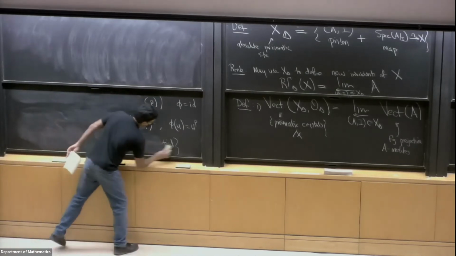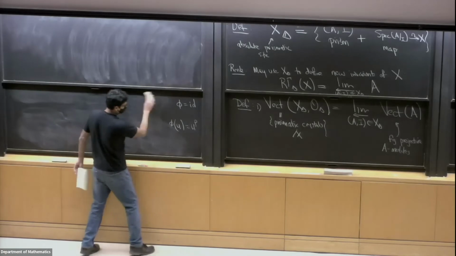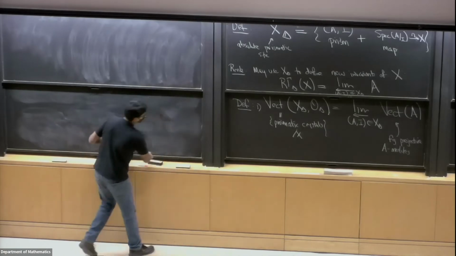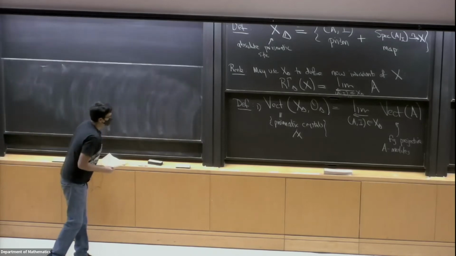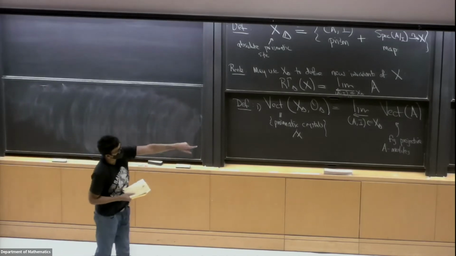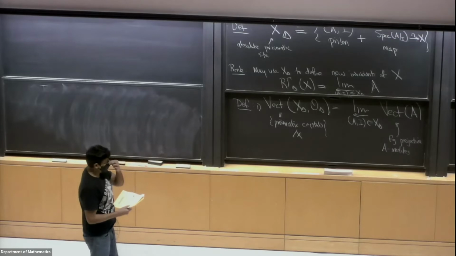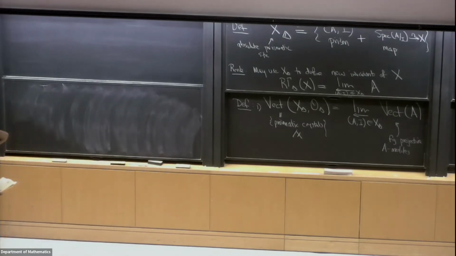It's a fair question. And I have one application that maybe would convince you otherwise. So if you combine that classification I wrote down over there, together with some general stuff on prismatic homology, along the lines of what I was talking about last time, like various comparisons between prismatic homology and de Rham homology and so on, what you get is the following corollary.